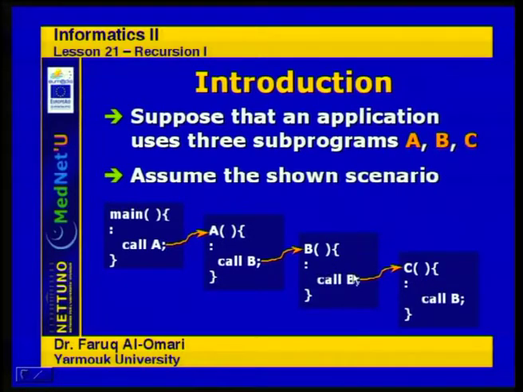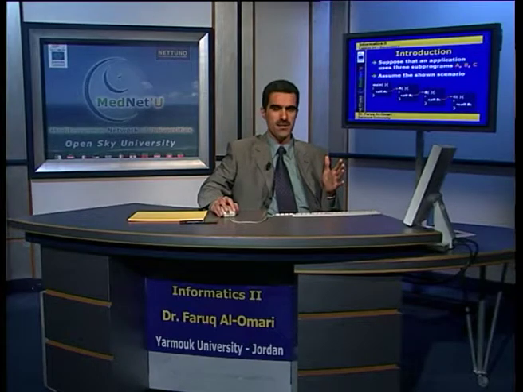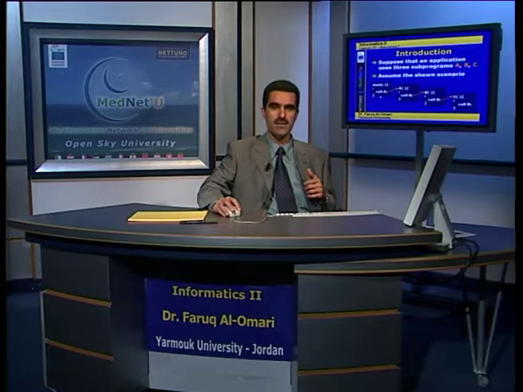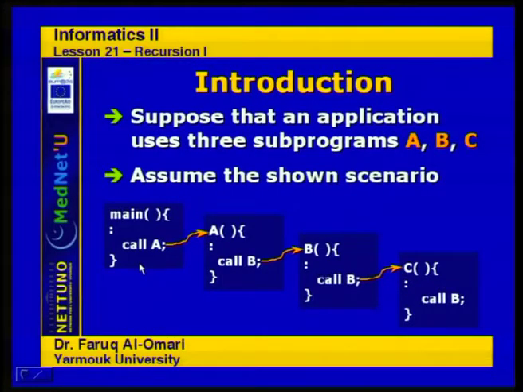Then in the middle of this process, I need to make a call to this function, so again, I'm going to stop the execution in here and go there. So basically, when I'm executing these statements, none of these functions have finished the task. This one is waiting for A to finish. This one is waiting for B to finish. And this one is waiting for C to finish.